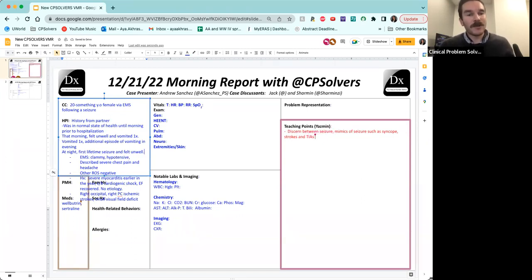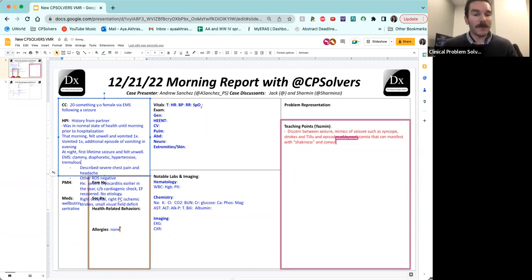And then also episodes of hypoglycemia or sugar problems that can sometimes manifest with shakiness, convulsions, changes in one's consciousness, and also other features like diaphoresis and autonomic symptoms. If we look at the description of this individual's event, we see many of the features that could accompany all of those four S's: syncope, seizure, stroke, and sugar or hypoglycemic episodes.